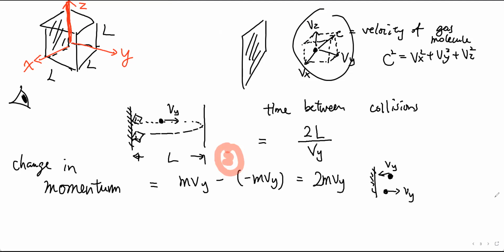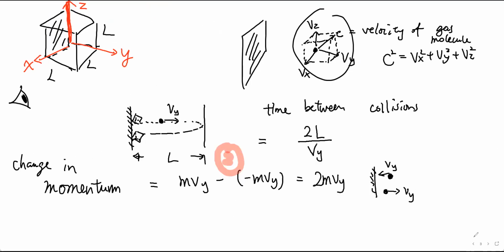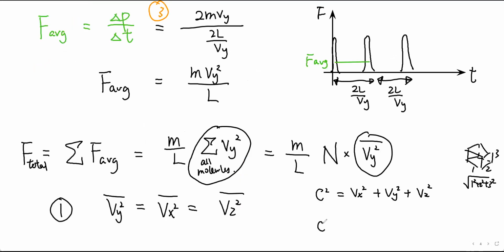Yes, this is the Pythagoras theorem. Do you want me to derive it? No need. Let's move on. If I take the average of C squared, it should be the average of Vx squared plus the average of Vy squared plus the average of Vz squared. Not difficult at all.